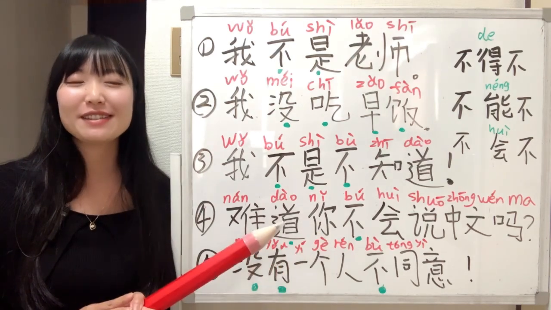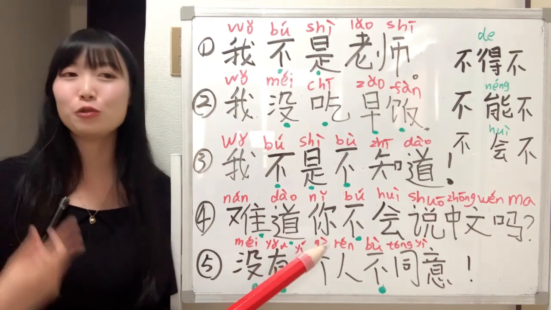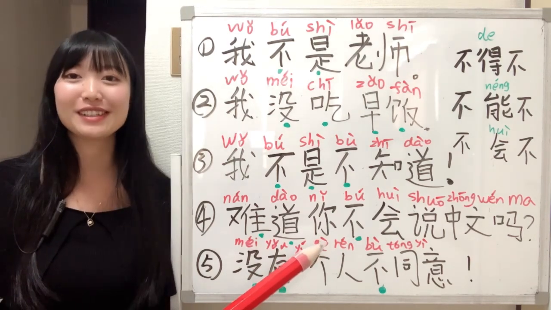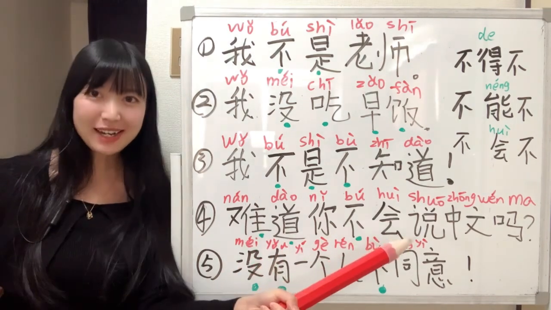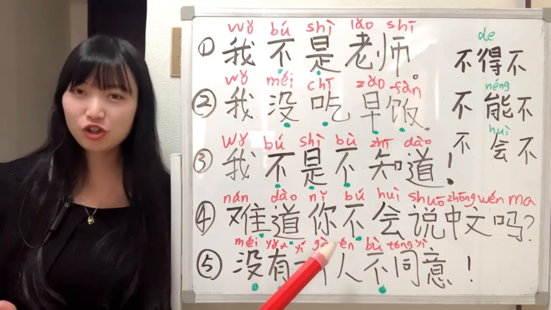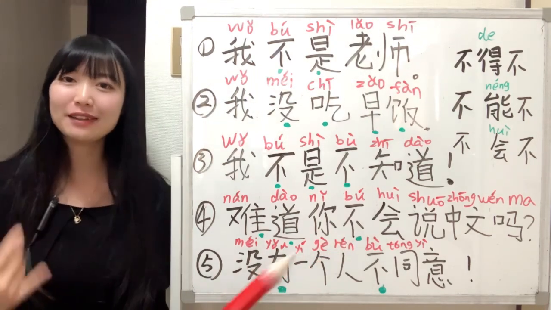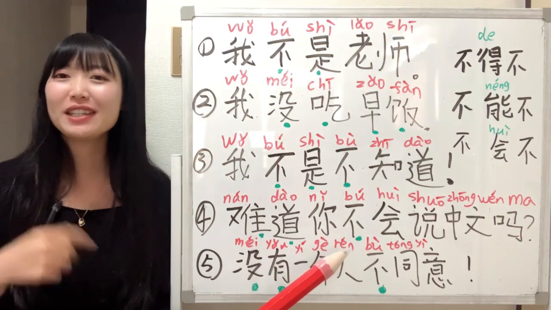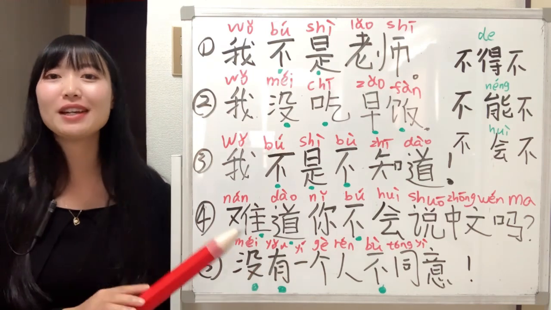Can't you do it? Means you can do it. So 难道不吗 is a rhetorical question, and because of the 不 negation here, it can be both a rhetorical question and a negation.